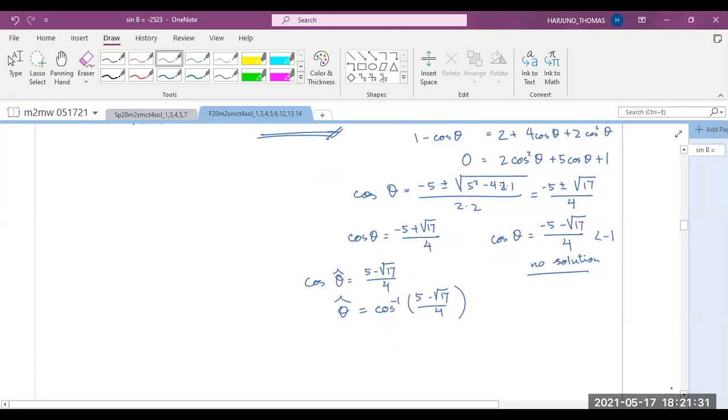Basically, that gives us an angle in quadrant 1, but cosine is negative in quadrant 2 and quadrant 3. So to make it in quadrant 2, that will be pi minus this result here. And the angle in quadrant 3 will be pi plus that reference angle.